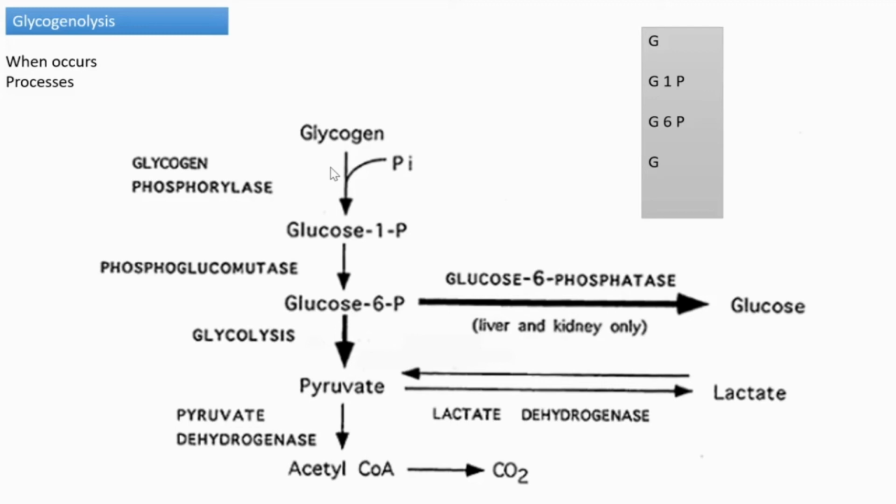So the glucose residue freed from the glycogen reacts with the phosphate to form glucose 1-phosphate. The enzyme acting here is glycogen phosphorylase.